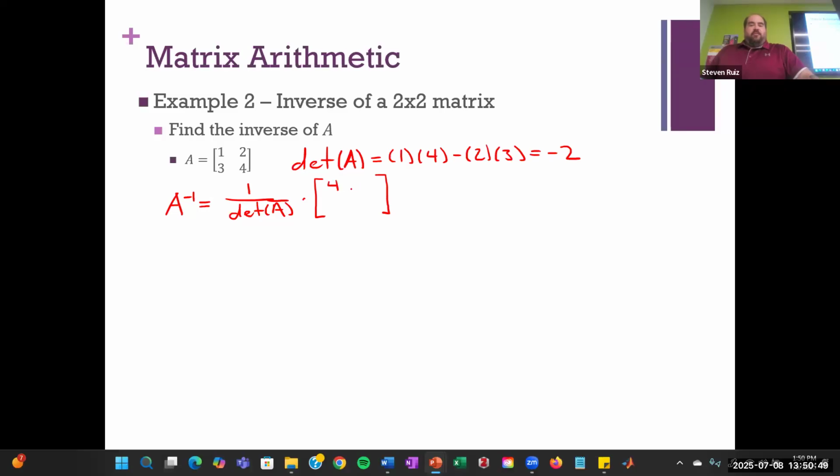Switch. Yep. So I'll start with the 1 and the 4. They change places, and the 2 and the 3 change signs. So then our inverse is basically, I'm going to multiply everything inside that matrix by the scalar -1/2.